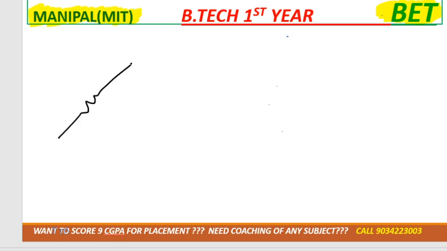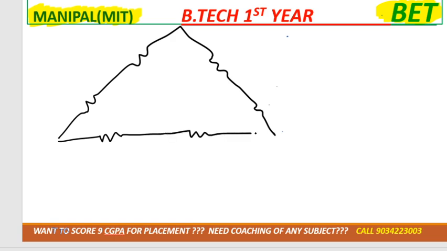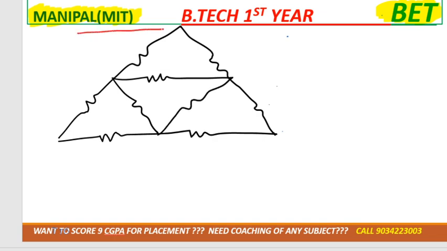See, it's a simple numerical. It already came in the Manipal paper. In this, they said you need to calculate resistance across A and B. This is 30, 30, 30, 30.